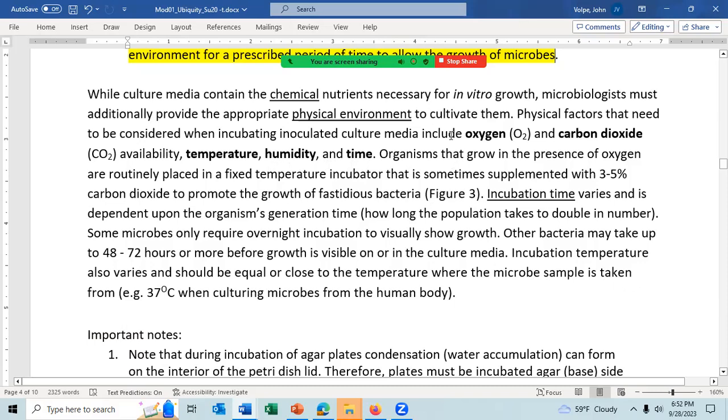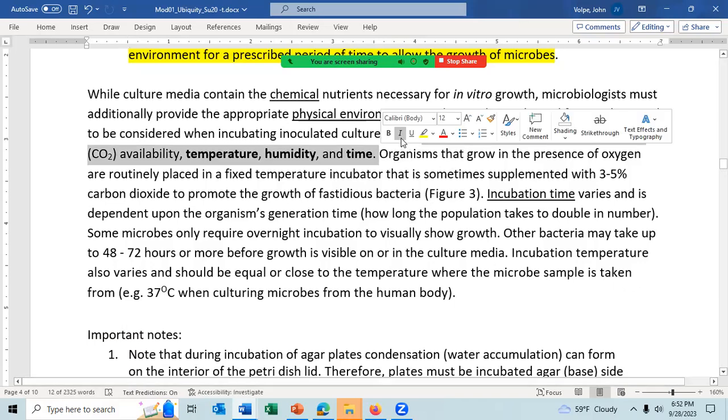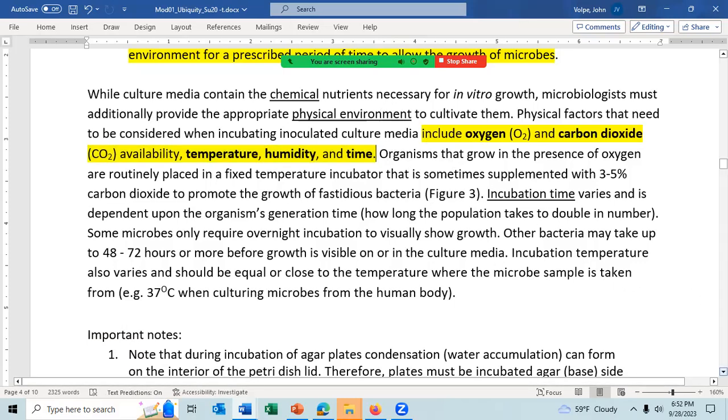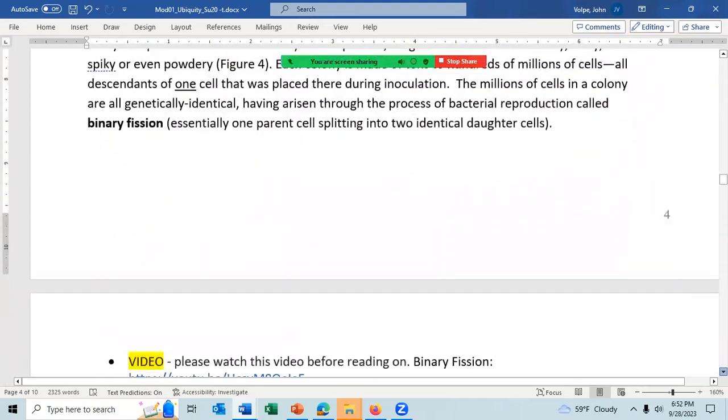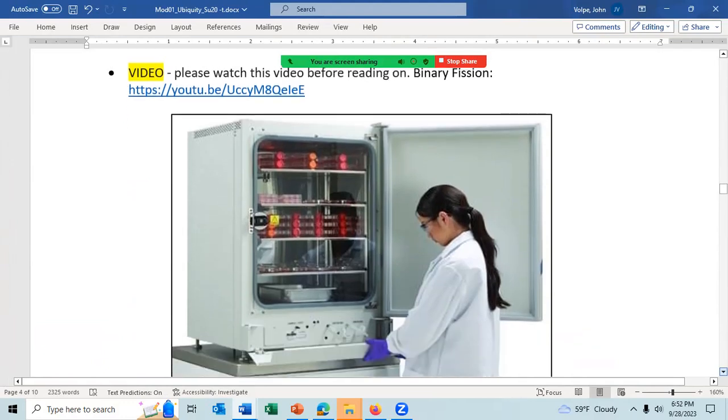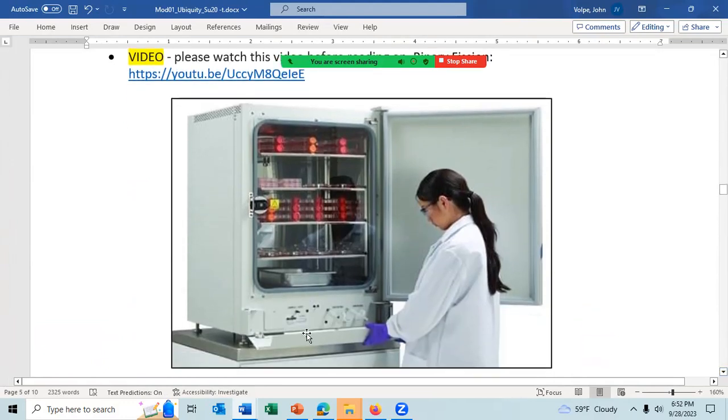And I'll show you an incubator in just a minute. Let me highlight that. Right here is an incubator that has a lot of dials and knobs, and that's to control the amount of oxygen coming in as well as perhaps the amount of CO2. And here we have a tray of water, and that adds humidity.